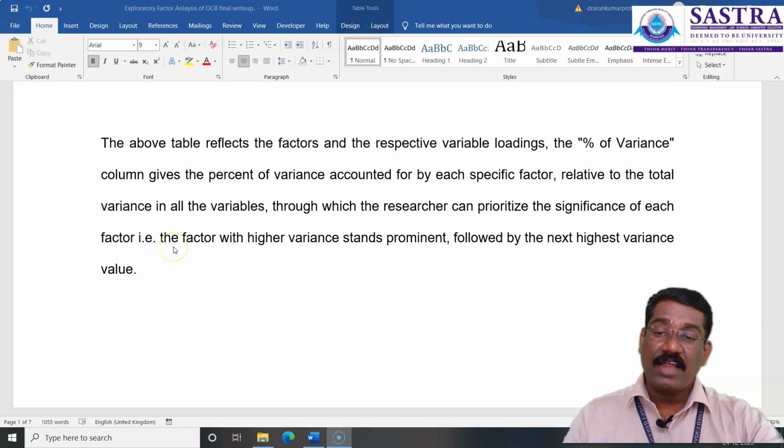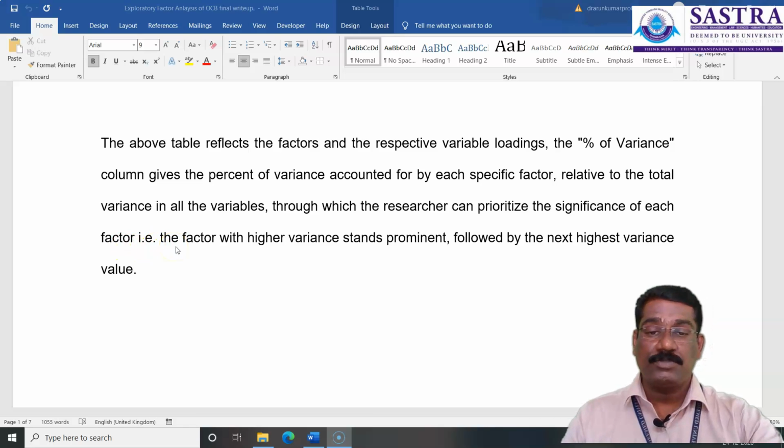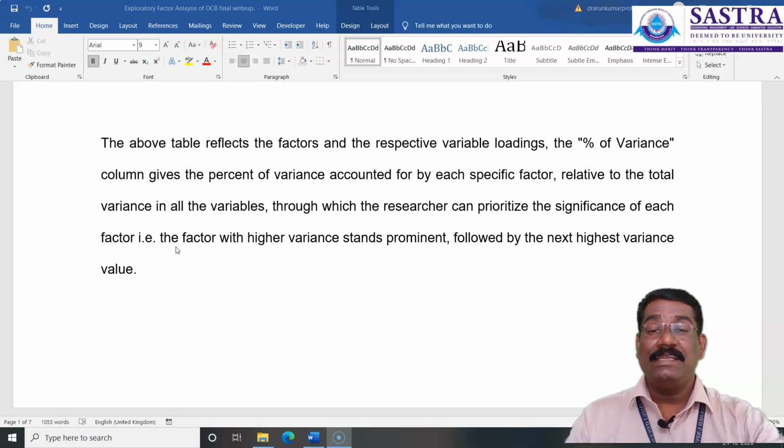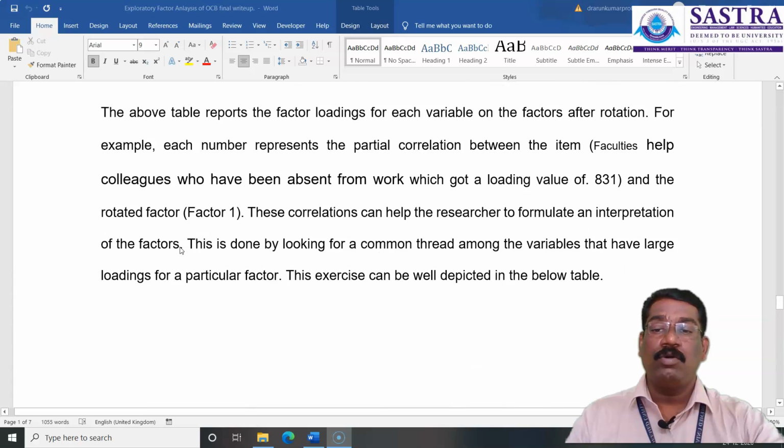That is, the factor with the higher variance stands prominent, followed by the next highest variance value. With this, I think I have given you an overview of how to write the interpretation for the output.